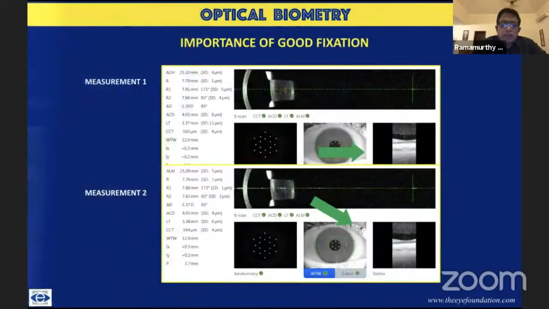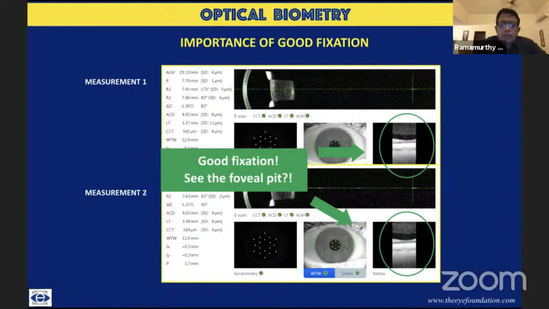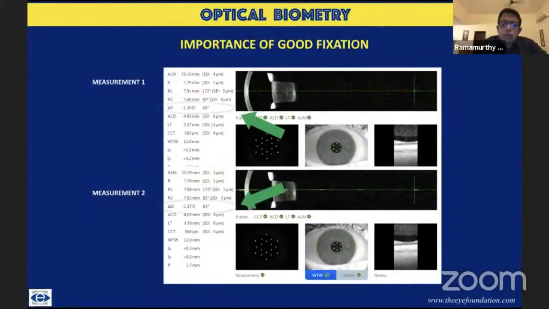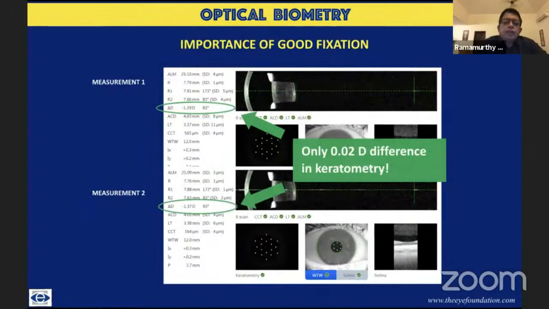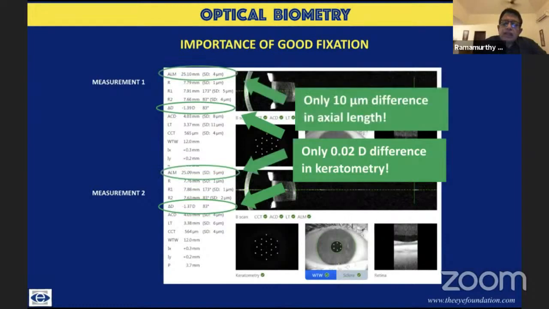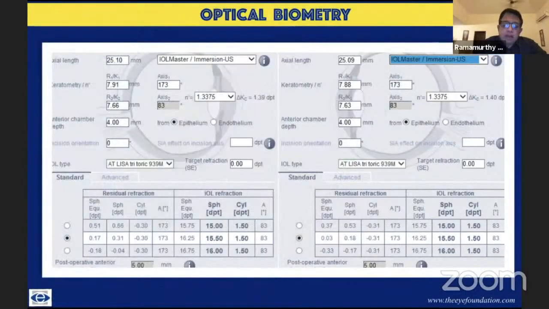Just to illustrate this point with a couple of examples, you see two measurements which are both taken at the foveal pit, exactly where it should ideally be done. This translates into just a 0.02 diopter difference in the keratometry. As far as the axial length is concerned, again, it's just about a 10 micron difference.